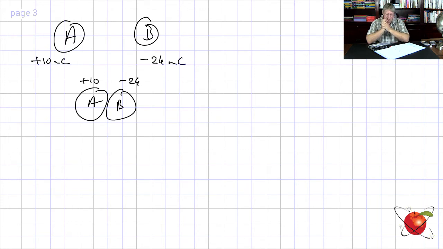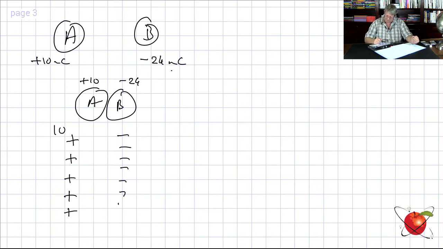In this situation here, I say, okay, we've pushed them together. So what have we got here? Never mind the milli, as long as they're both the same. We've got a plus 10 and a minus 24. So what happens? Let us just say we've got 10 pluses here. This side we've got 24 electrons, right?